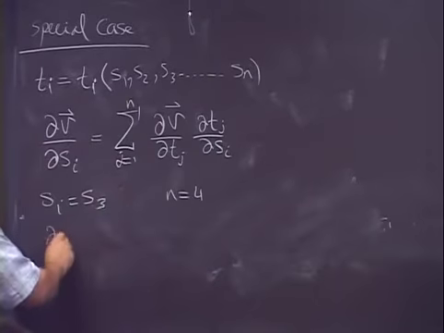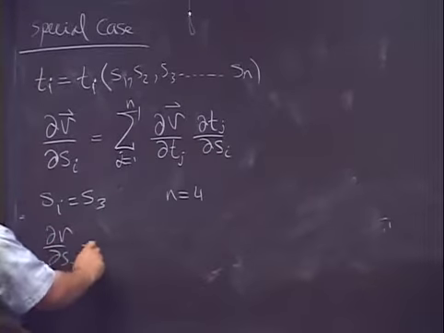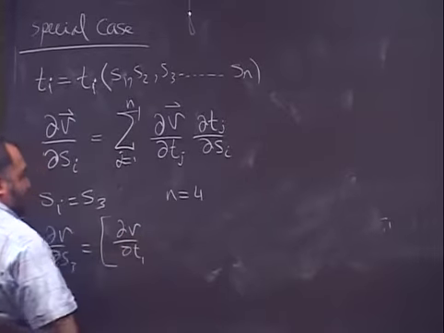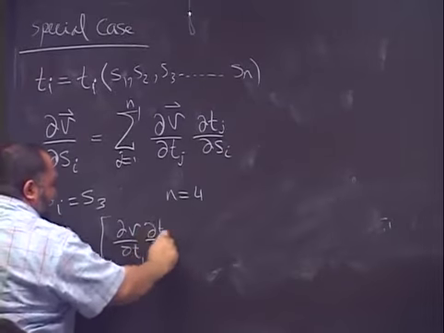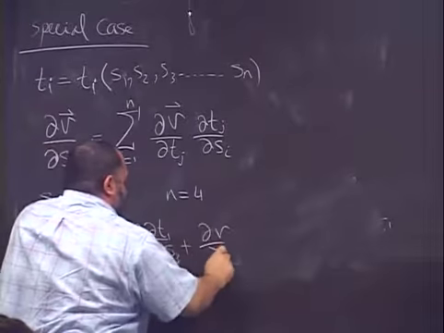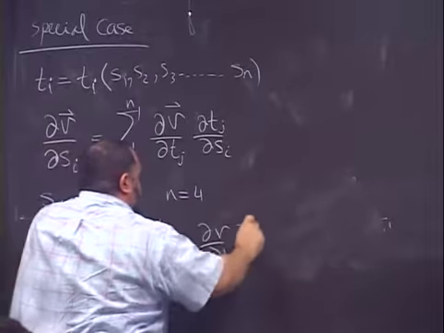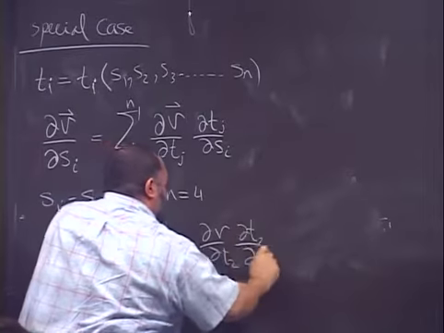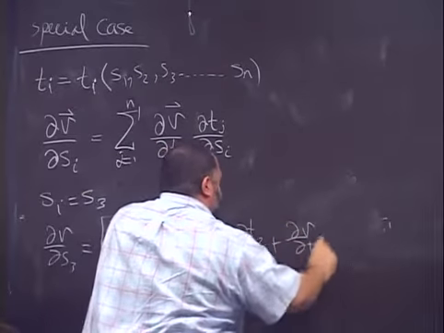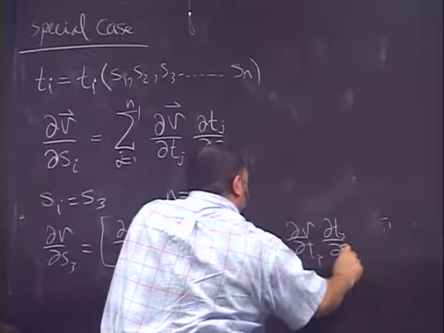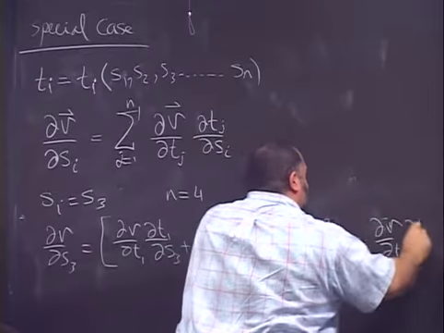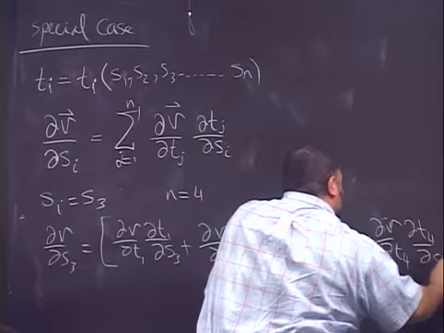So dv by ds3 is just equal to what? dv by dt1 multiplied by dt1 by ds3, plus dv by dt2 multiplied by dt2 by ds3, plus dv by dt3 multiplied by dt3 by ds3, plus dv by dt4 multiplied by dt4 by ds3.